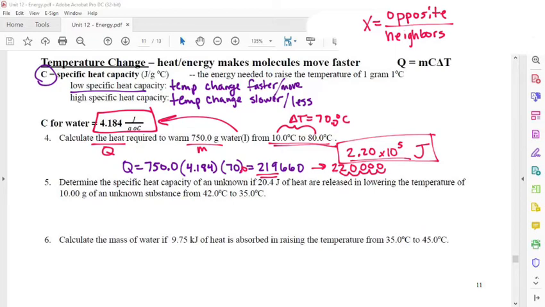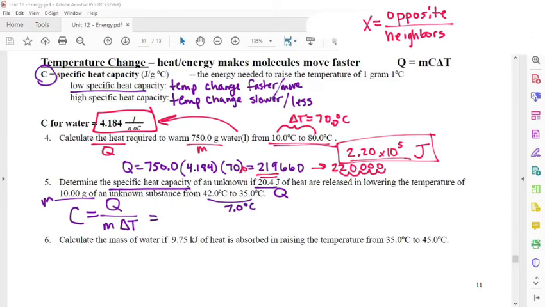So in this next problem, it asks us to find the specific heat capacity. That means we're going to be solving for C. So I need Q and then M and delta T here. And so looking through, I have my Q here, and my 10 grams is my M, and I'm going from 42 to 35, so I want my temperature change here to be 7 degrees Celsius.